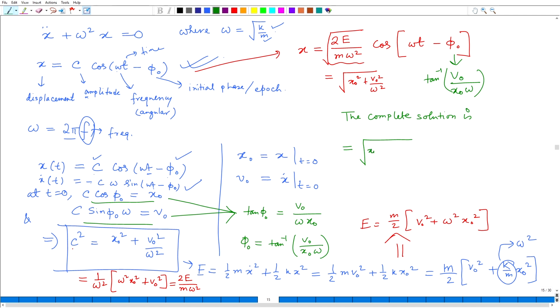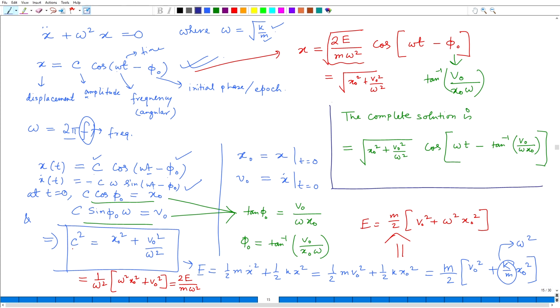Root of x 0 square plus v 0 square by omega square, times cos omega t minus tan inverse v 0 by omega x 0. Okay. This is the complete solution for 1D simple harmonic oscillation, with x 0 and v 0 to be the initial displacement and velocity respectively.